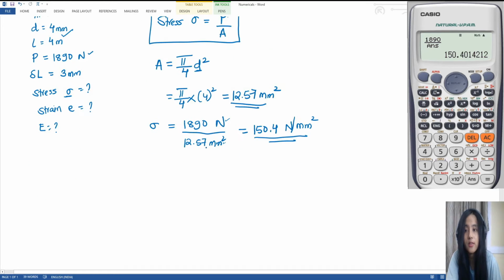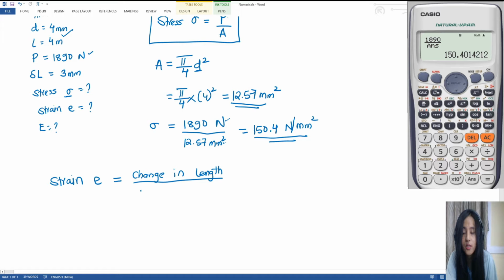We found stress. Now let us find strain. Strain is signified by e is equal to change in length by its original length.